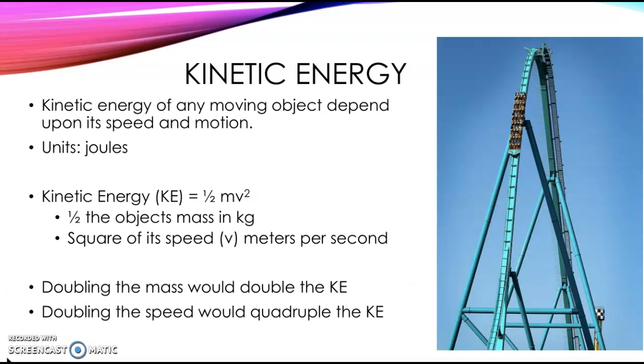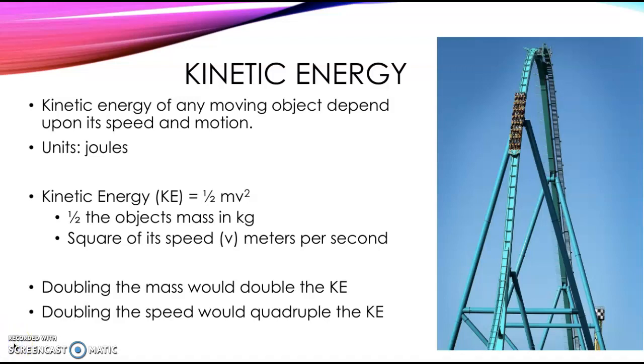The kinetic energy of any moving object depends on its speed and mass. To calculate the kinetic energy of an object, you multiply one half by the object's mass, which is m, and then the square of its speed, which is v.